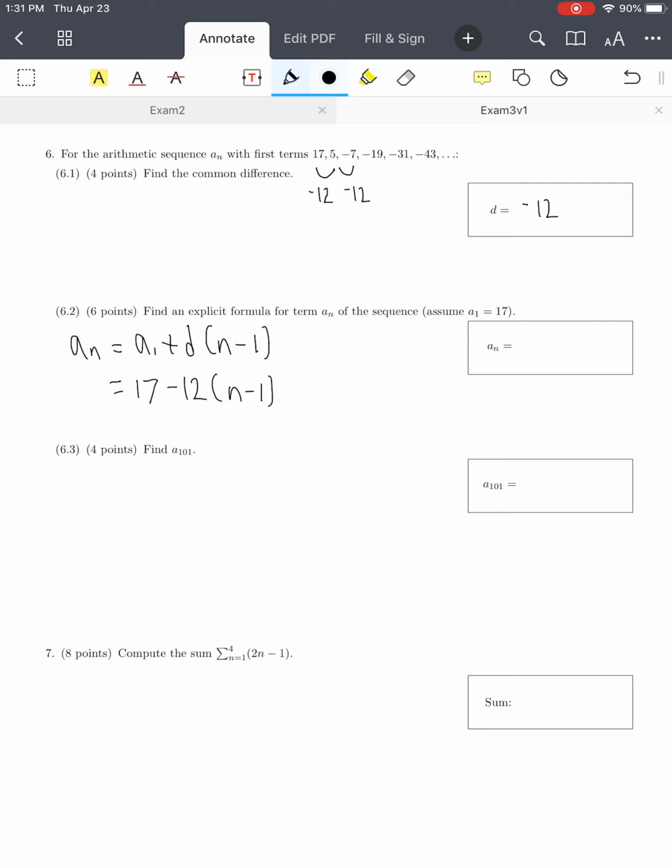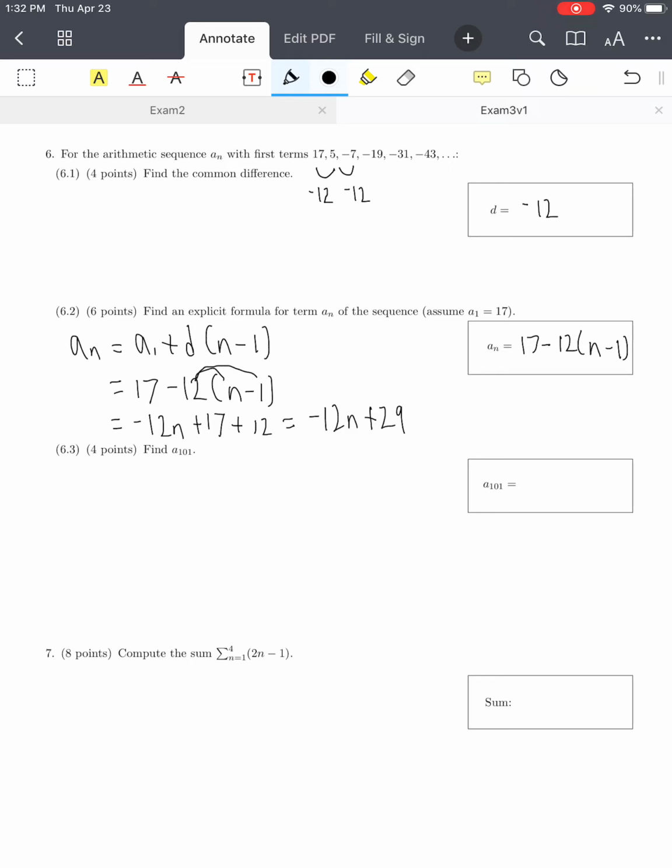We can leave the answer like this. We could also simplify it by distributing the 12, giving us -12n plus 17 plus 12, or -12n plus 29. Either works. I'm going to write it as 17 minus 12 times n minus 1 for now.